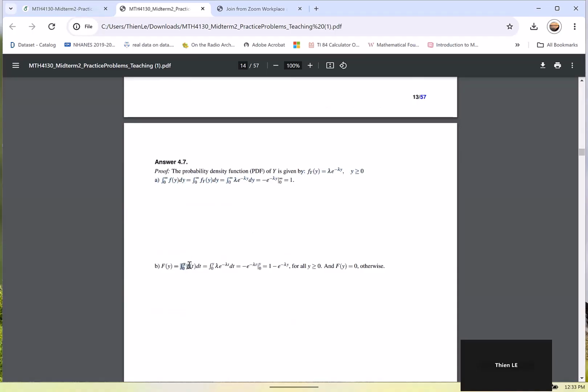For the CDF function, again, this is a simple integral. You can plug it back here and you get this, okay? And make sure you also confirm the case outside of the support, to complete the CDF function.